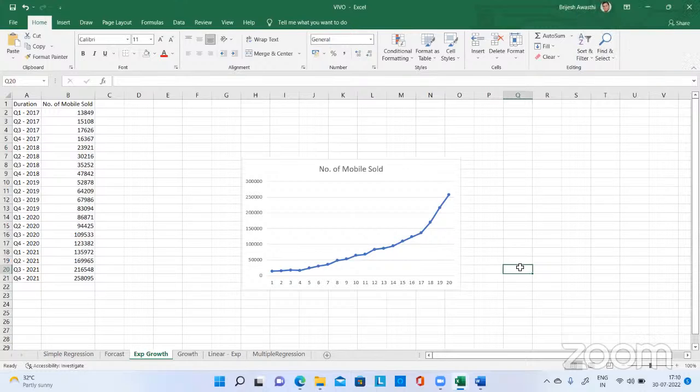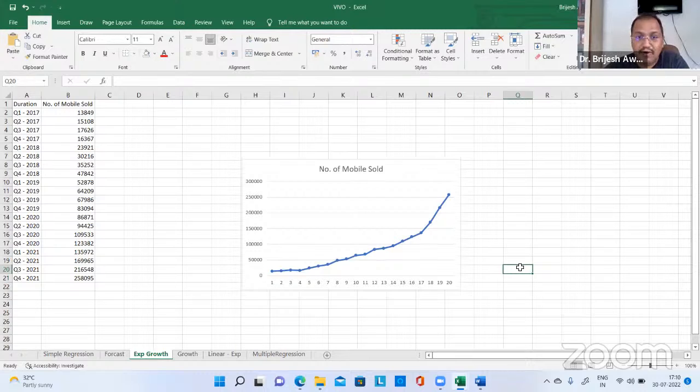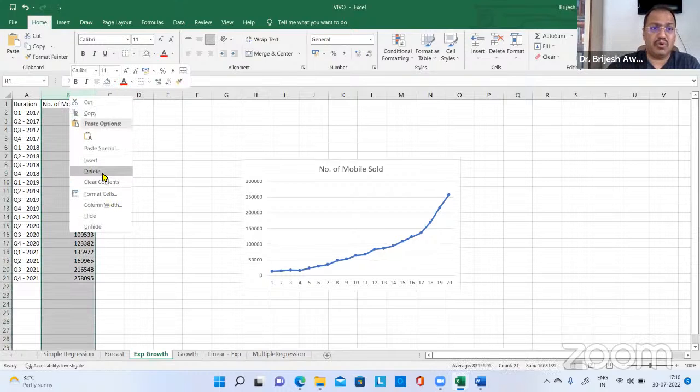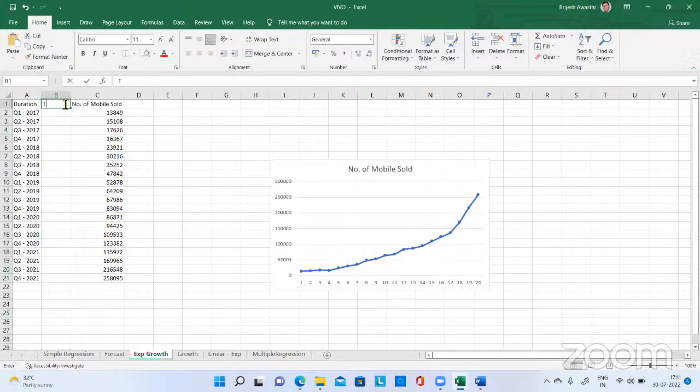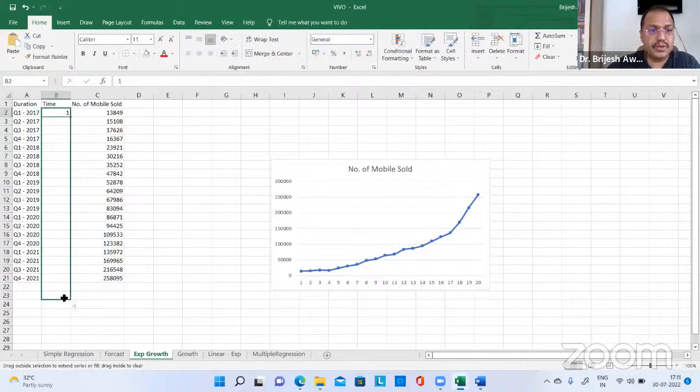It's exponential. It's not linear, right? When it is not linear, if you are going to use the forecast value, which one are you going to use? Forecast, right? I'm going to insert time 1 and just drag it.